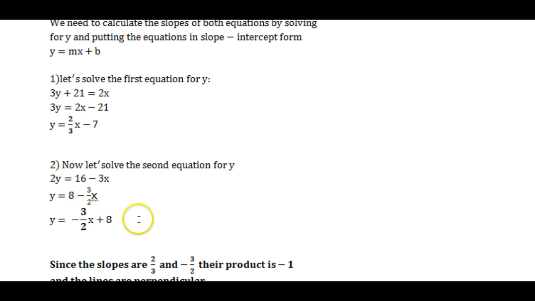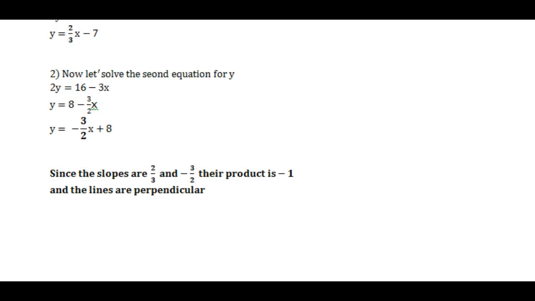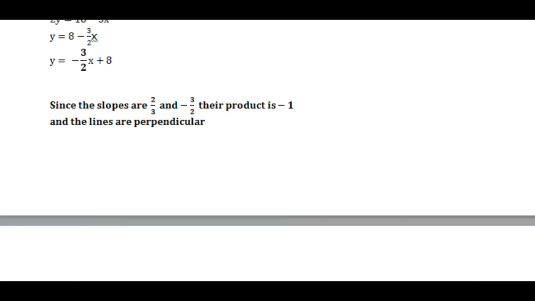And then we rearrange this in the slope-intercept format, and we see that the slope of this line is minus 3 over 2. And if you multiply 2/3 by minus 3 over 2, which is the negative reciprocal, you're going to get minus 1, and therefore those two lines are perpendicular.